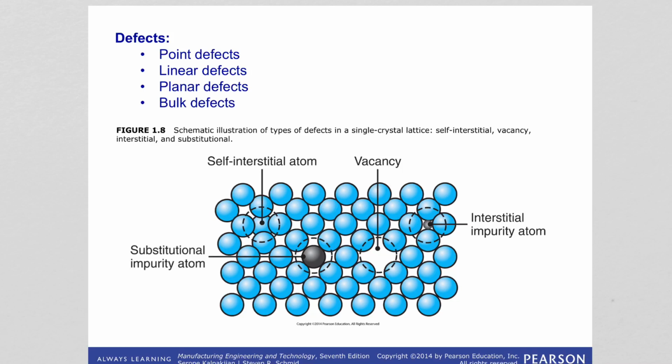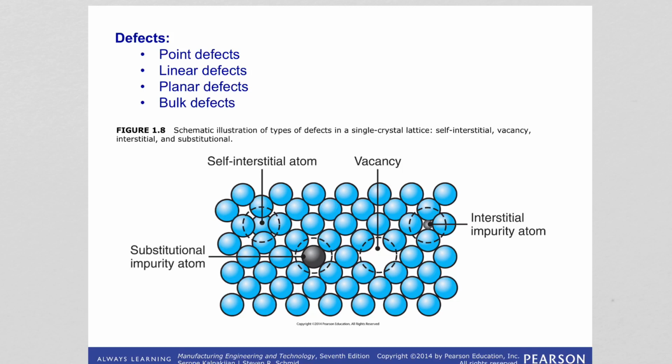So let's start by looking at the point defects. And what are point defects? They can be impurities, right? So they can be vacancies.